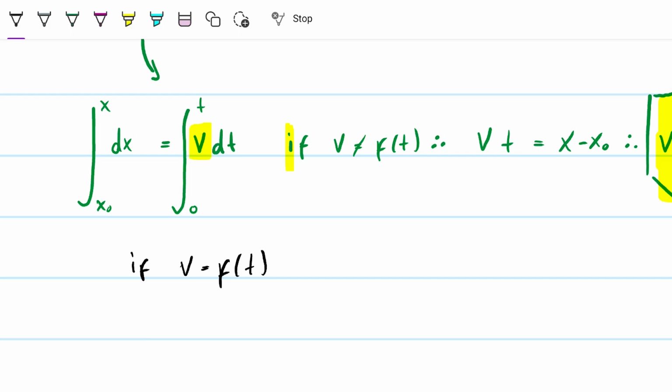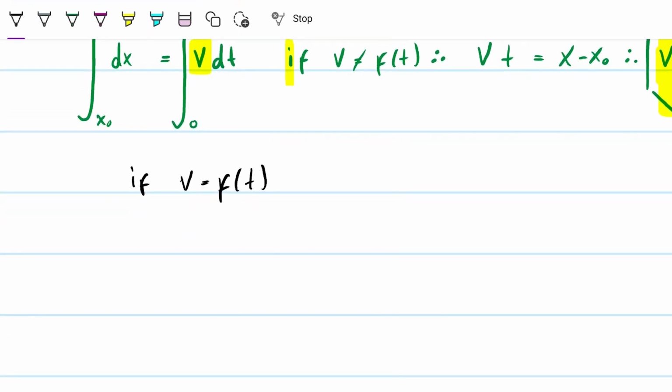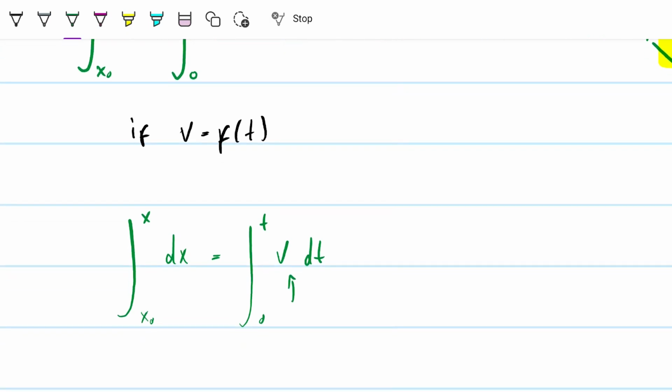And that's where the idea of acceleration comes in and helps us out. So if my velocity is a function of time, then on the left-hand side I'm still going to have my same integral, and here I'm going to have my same integral, but I cannot go ahead and solve this right off the bat. I need to have the way that velocity is changing with time. Okay, and how do I do that?